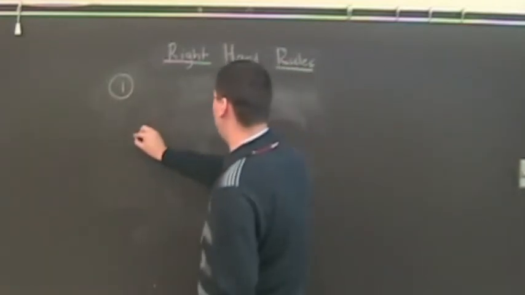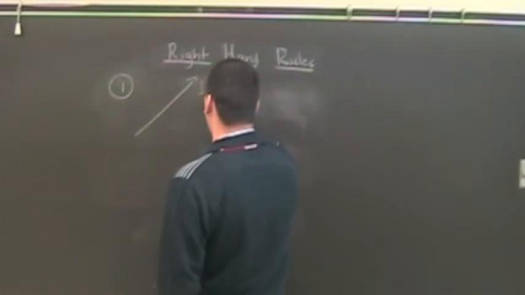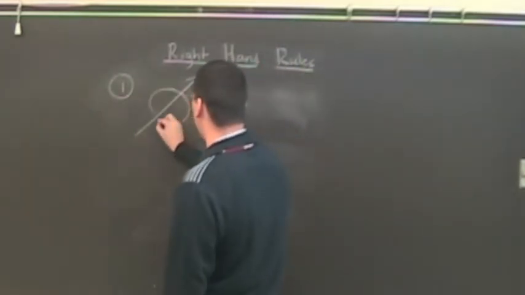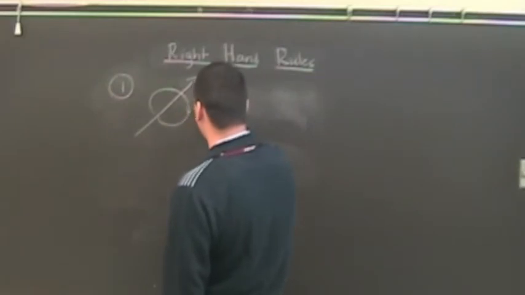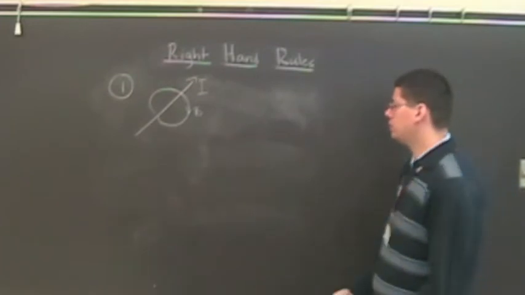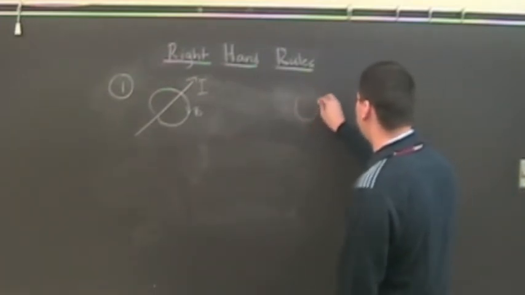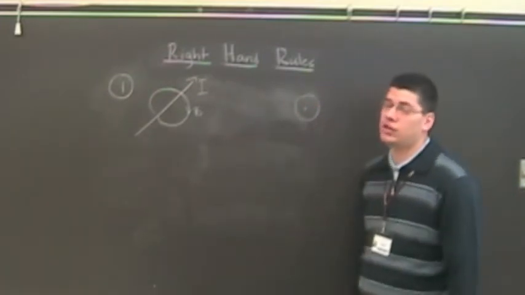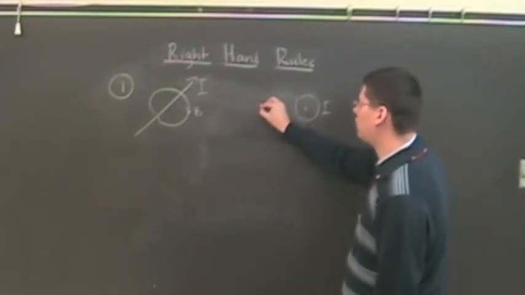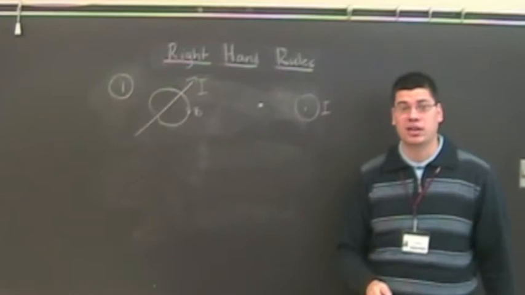So if, for example, we had a wire carrying current as so, the magnetic field would be in a circle around that wire. So, for example, if you're given the following question, you have current flowing out of the board, and you want to figure out the direction of the magnetic field at this point.